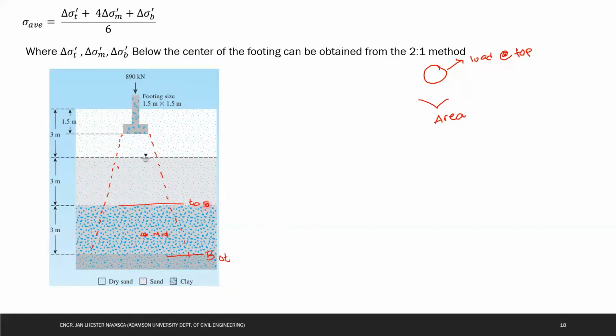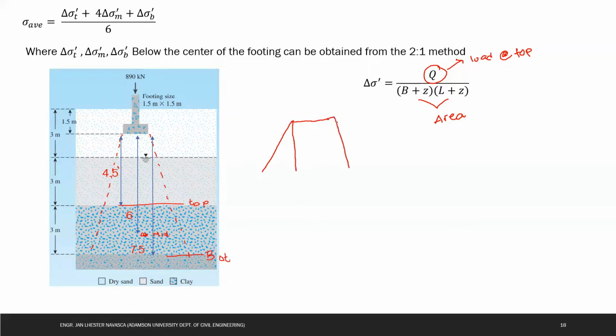So if you check this elastic line or stress line, imagine this is the bottom of the footing, with length B. This one is Z. Z is the elevation from the bottom of the footing.